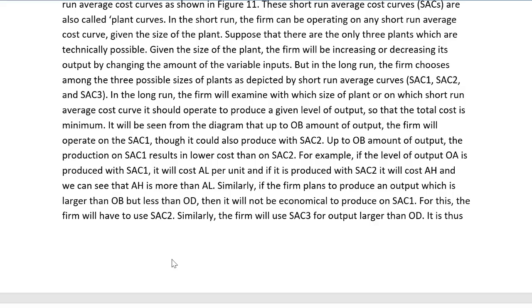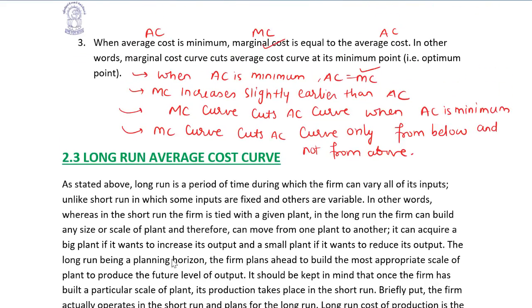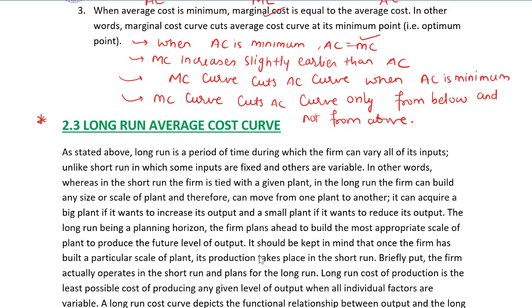Let's continue with our next topic, the long run average cost curve, that is the LAC curve. Just try and understand it well. As stated above, the long run is a period of time during which the firm can change all types of its input, whether fixed input or variable input.